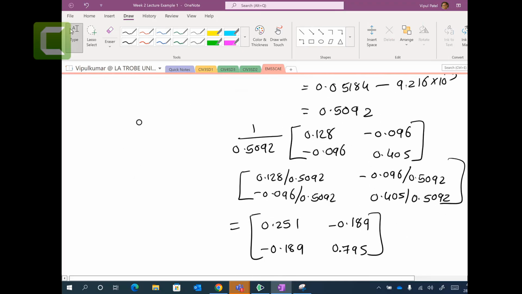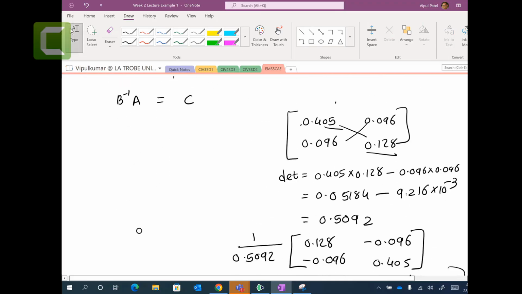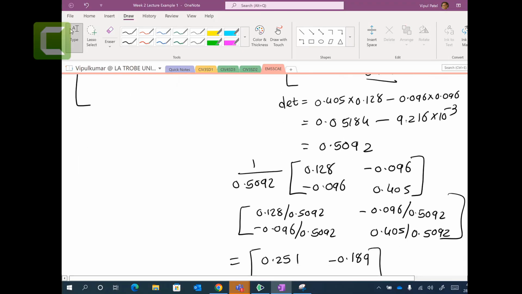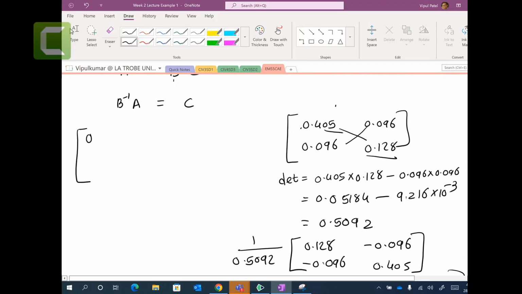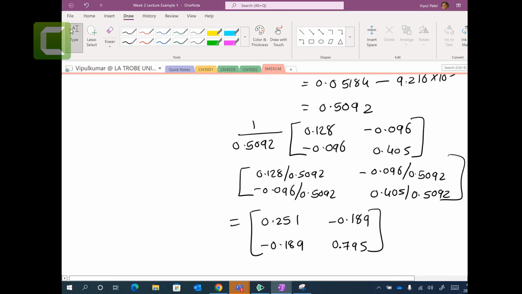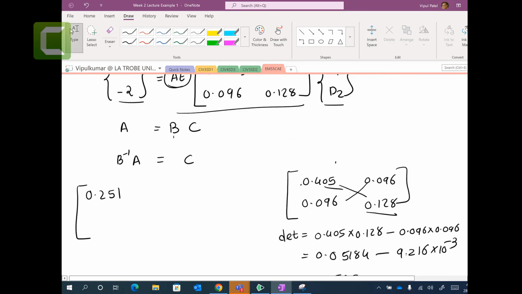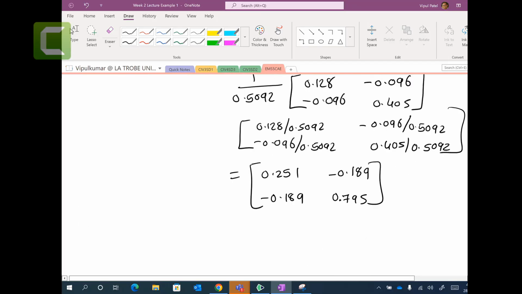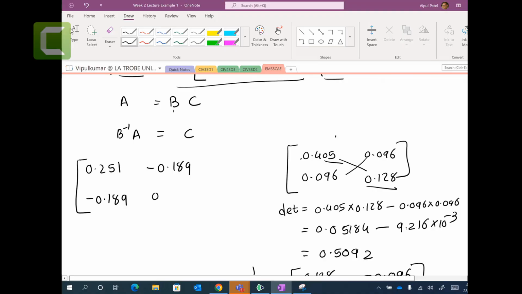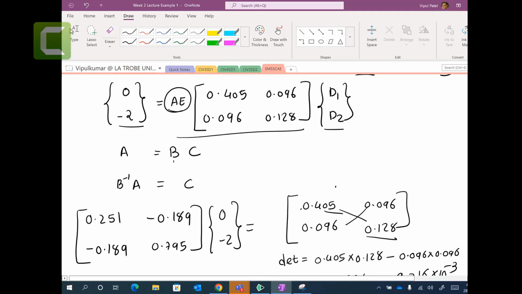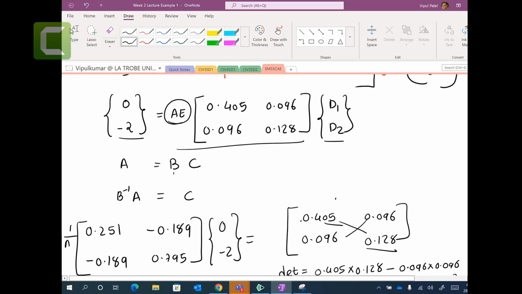So let me multiply. So here you have 0.251, minus 0.189, minus 0.189 and 0.795, and you have 0 and minus 2 equal to, and AE, you can just put 1 over AE here.